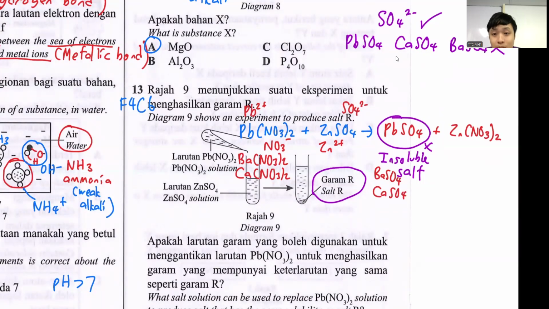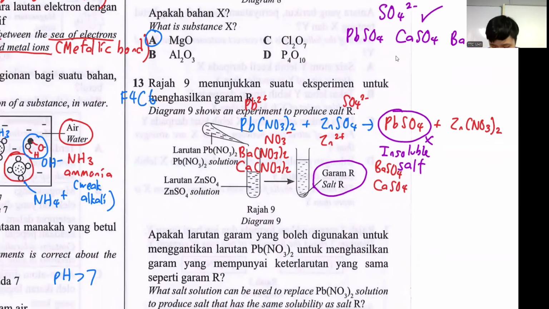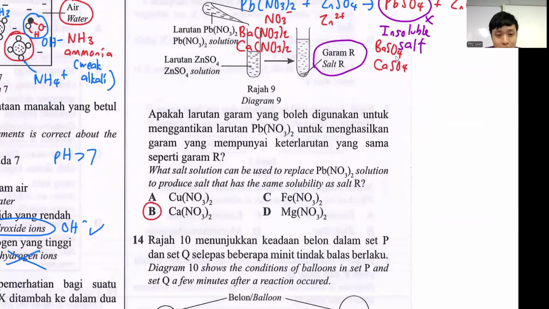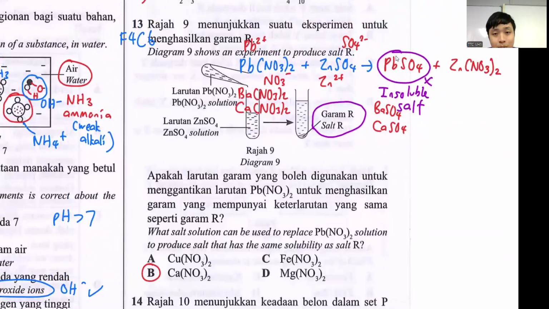Am I right? Yes, using calcium nitrate is correct to get an insoluble salt. This one is a bit tricky, but you have to know PbSO4 is insoluble.